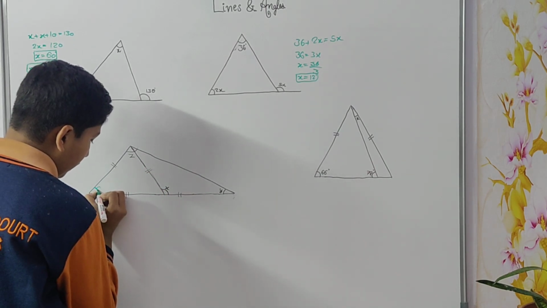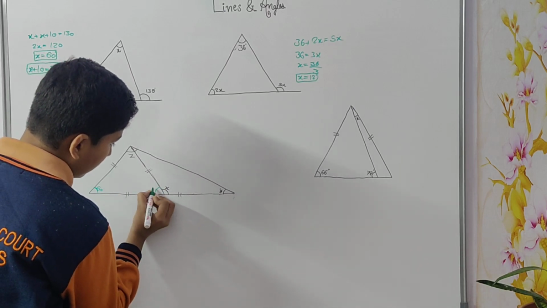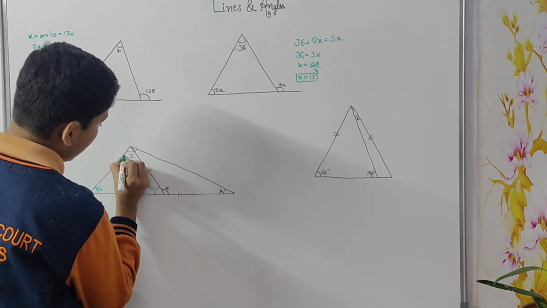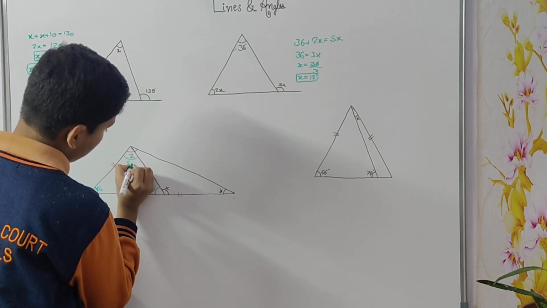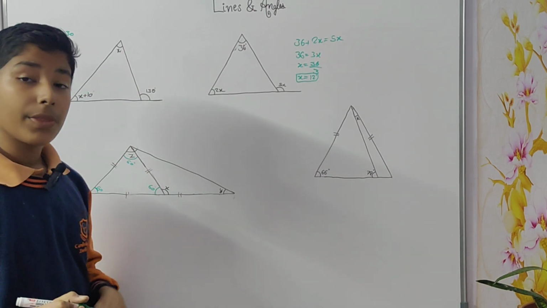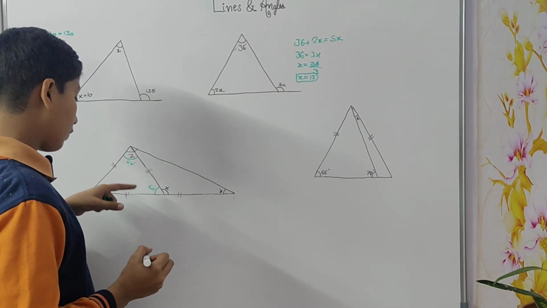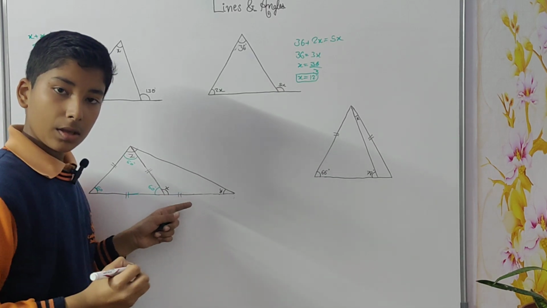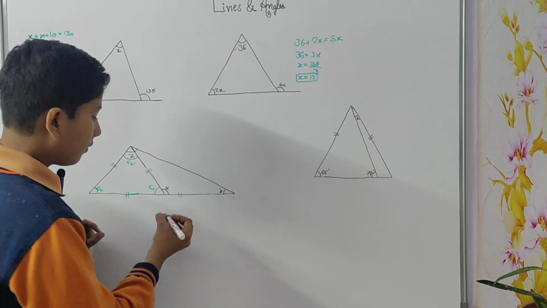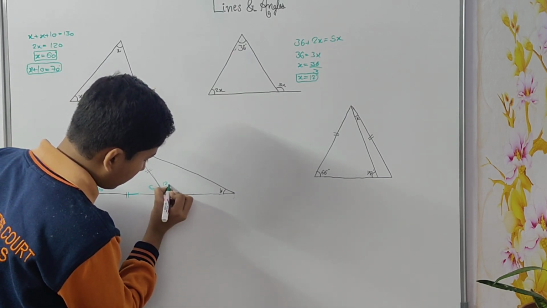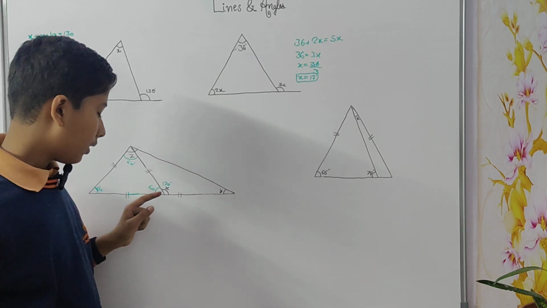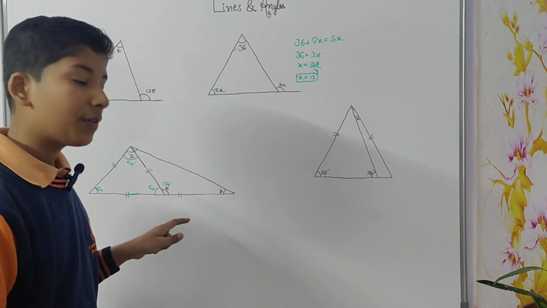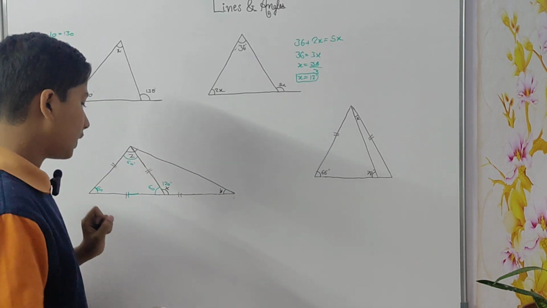This is 60 degree, this will also be 60, and this one will be 60 degree. Why? Because it is an equilateral triangle. This is 60, so by linear pair it will be 120 degree, because these both sum to 180 degree, so x equal to 120.